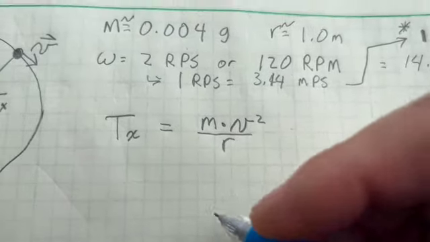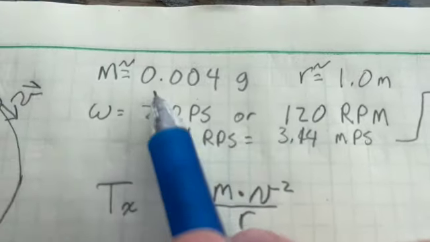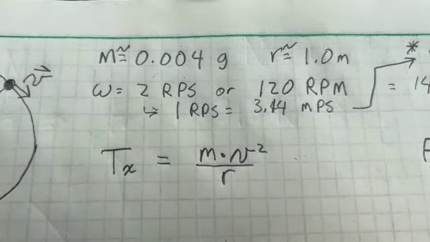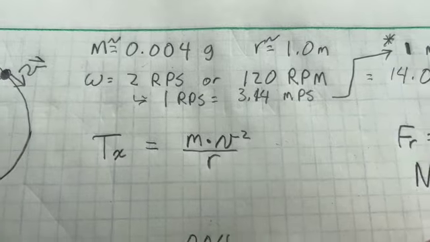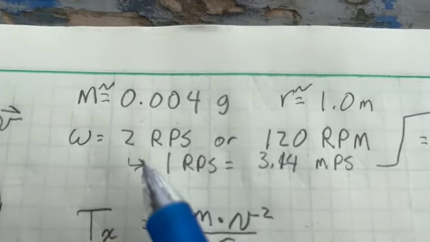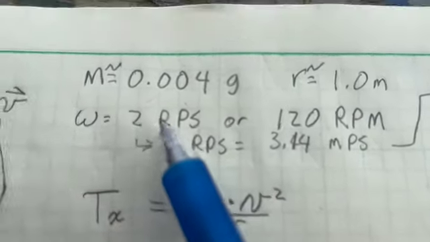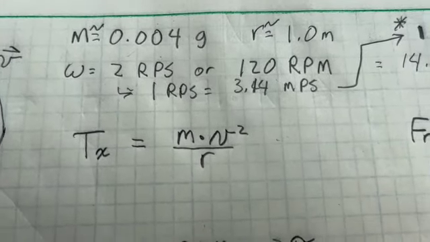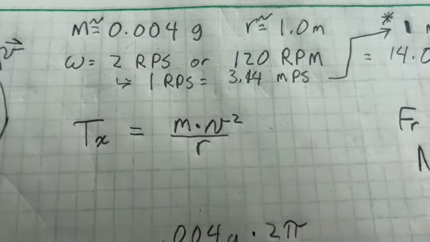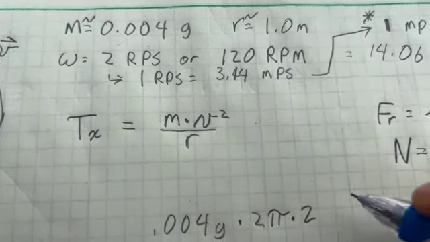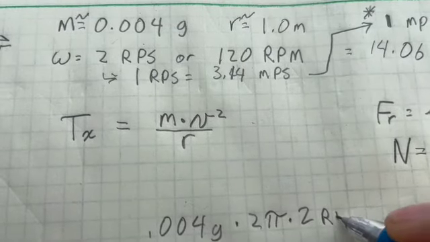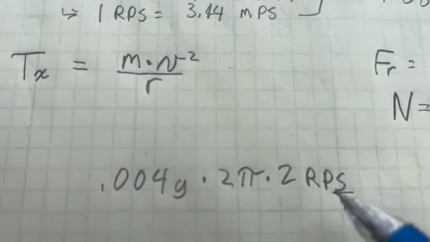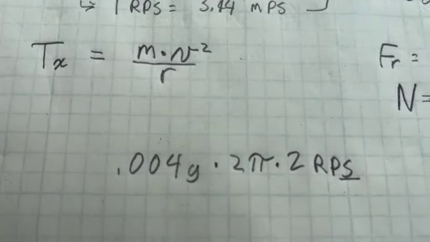So if m is 0.004 grams, so I put 0.004 grams, our velocity is 2 times 3.14, so we'll just go ahead and call it 2 pi times 2 RPS. And I'm making sure to note that this is seconds. You know, that this is a velocity, right?